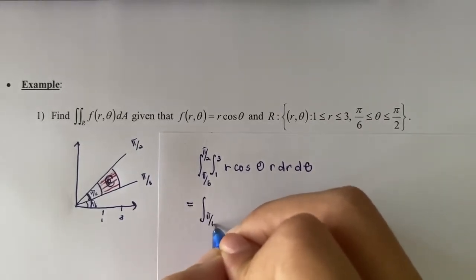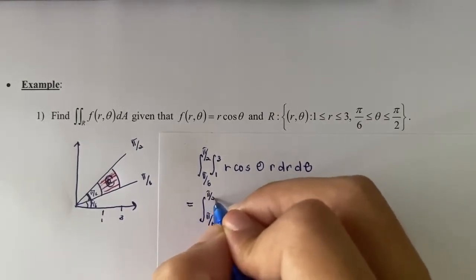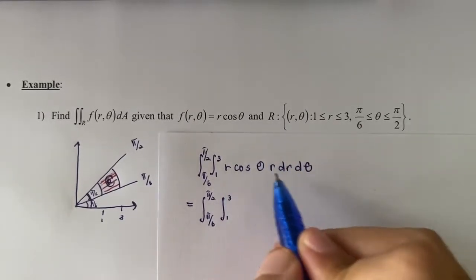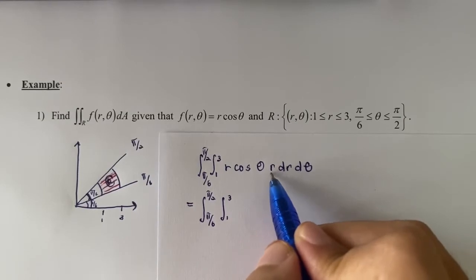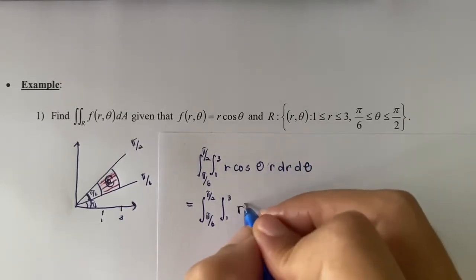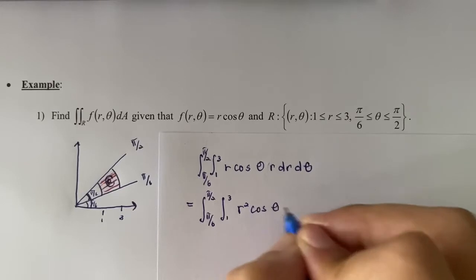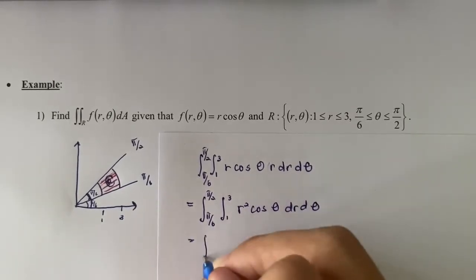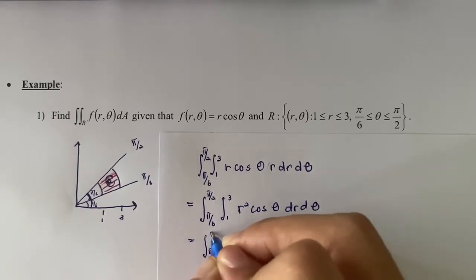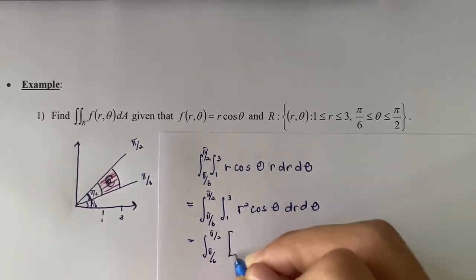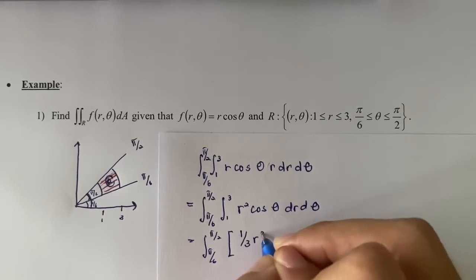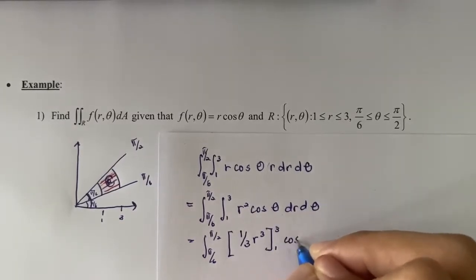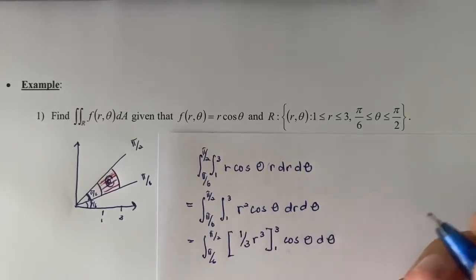Then you have r here and r here. Do not forget this r. So you have the integral of r squared cos theta dr d theta, which is equal to the integral from pi over 6 to pi over 2 of 1 over 3 r cubed, for limit 1 to 3, times cos theta d theta.